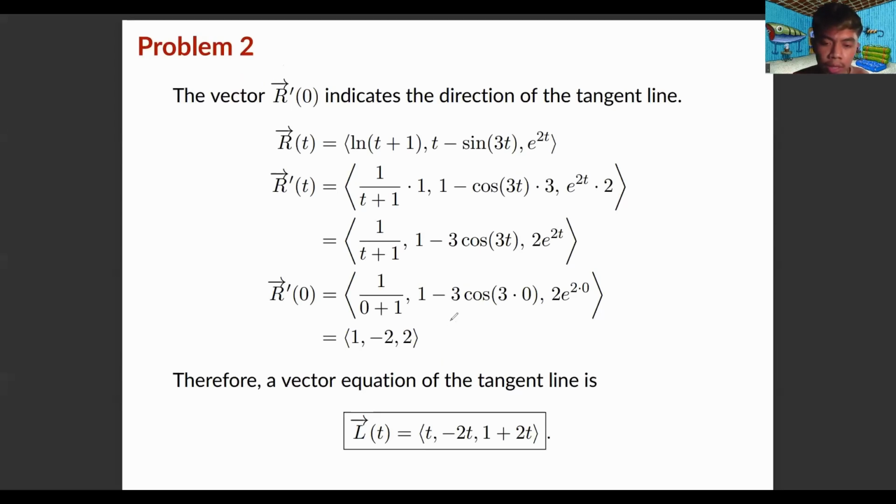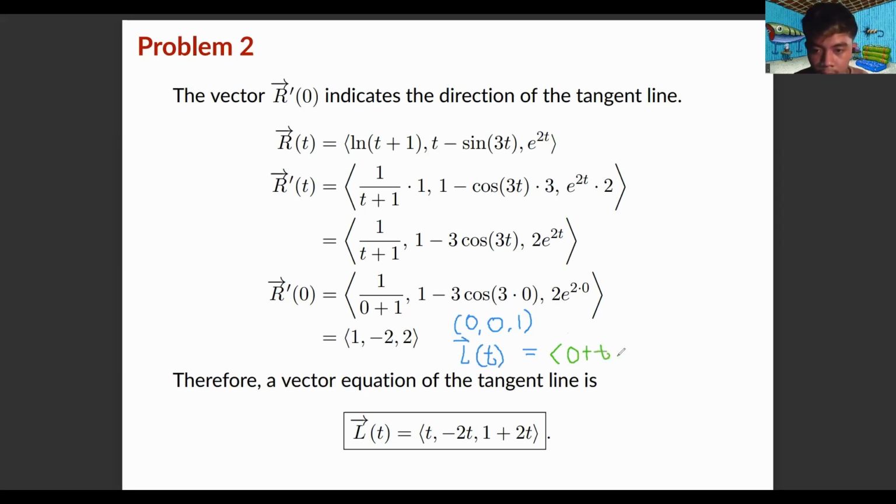The point we got earlier is (0, 0, 1). And then we have this r prime of 0. So our L of t is equal to the point that we got here, which is 0, plus the first component of r prime of 0, which is equal to 1, multiplied by t.